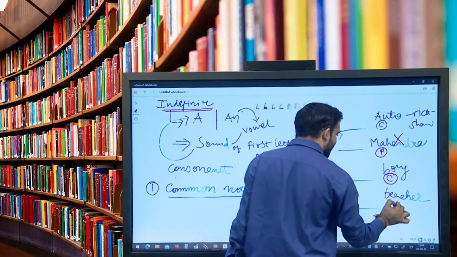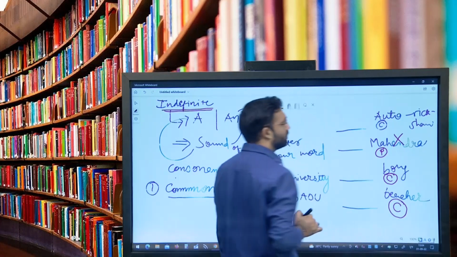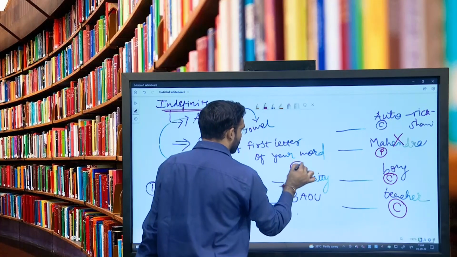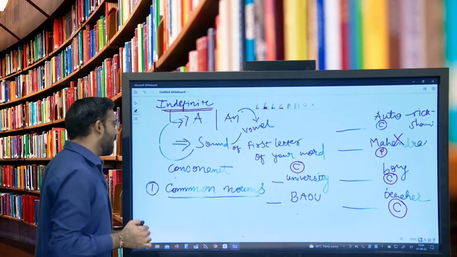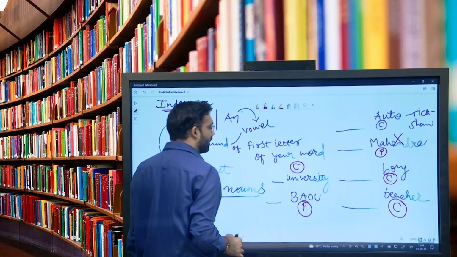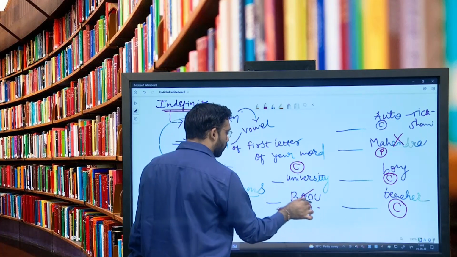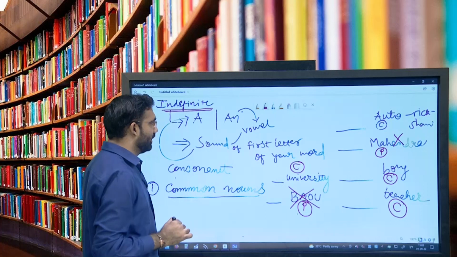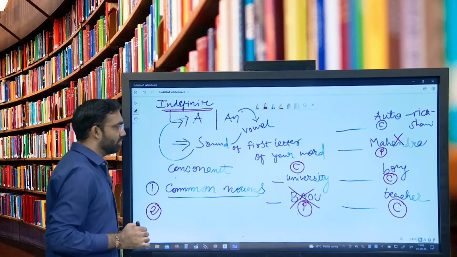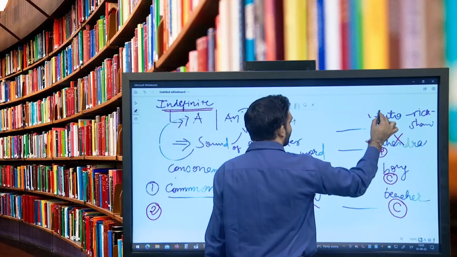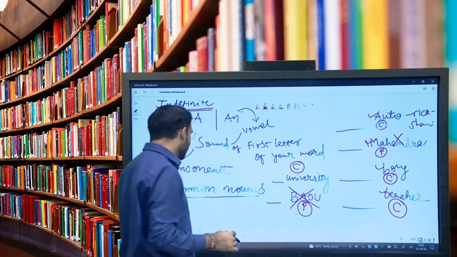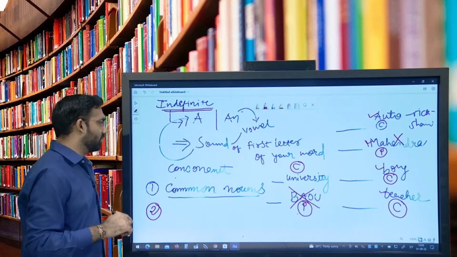Teacher? Any teacher? Yes, common noun. University? Any university? Common noun. Baba Saheb Ambedkar Open University is a specific name given to a university, a proper noun. No indefinite article. Here you can use a and an, here you cannot. That is the first condition.